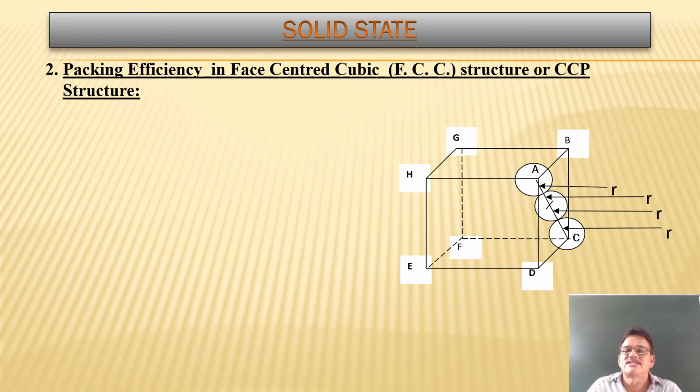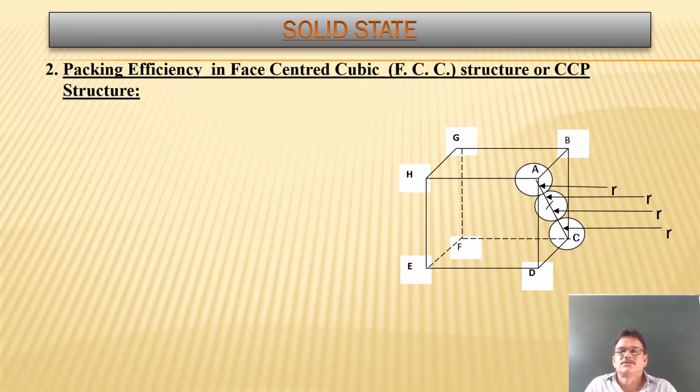Why is it called face diagonal? It joins the corners of the face. A, B, C, D is one face. A and C are opposite corners, and opposite corners are joined by a line on which three spheres are present. Corner spheres contribute one radius and middle layer contributes 2 radii.